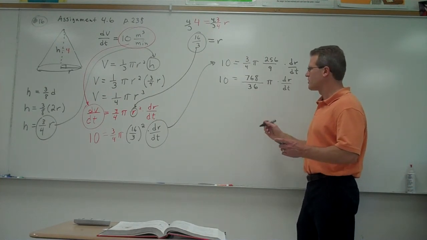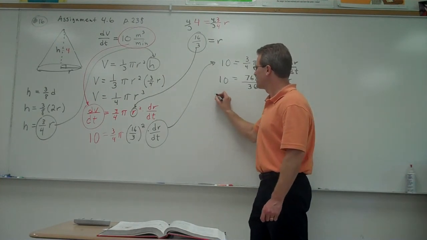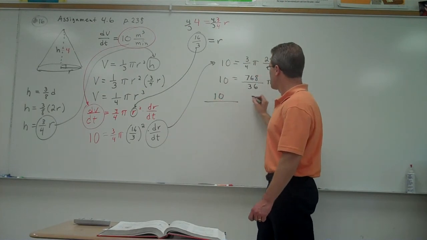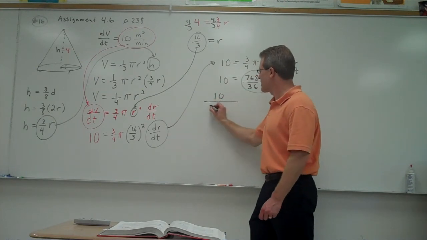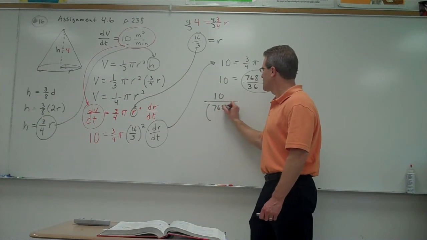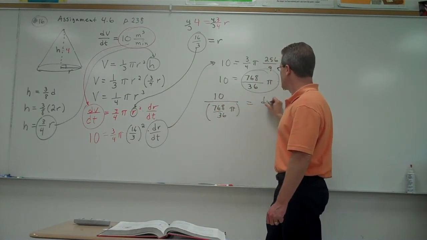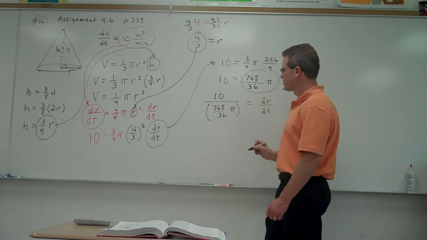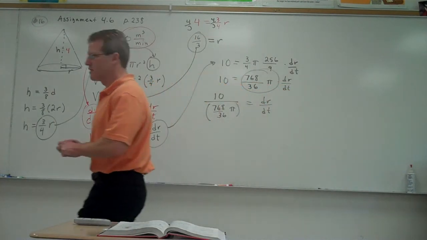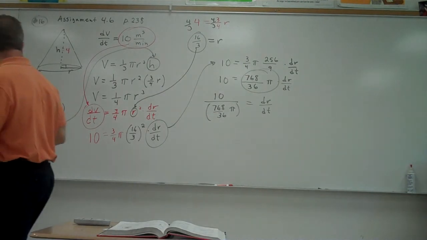Or another option, you just take 10 divided by this whole constant, whatever that is, divided by 768 over 36 times pi. That's going to give you your dr over dt. So if we type that in our calculator, type that in for me quick.